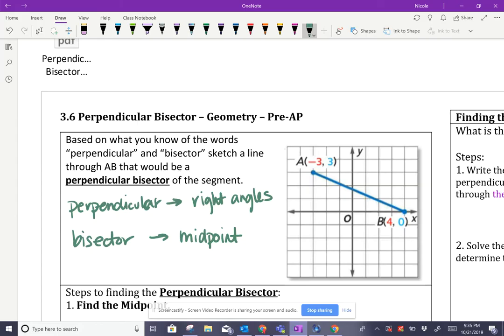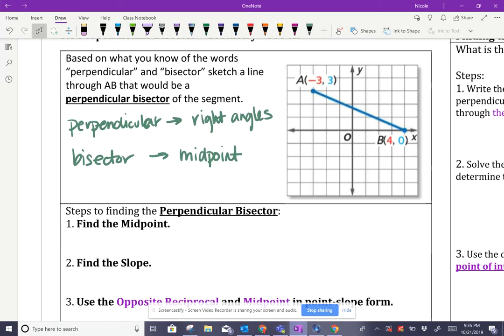So how are we going to find this perpendicular bisector? Well, we have the tools we need. You know how to find midpoint. You know how to find perpendicular slopes. So let's see what we can do. Starting off, I want to find my midpoint. So I take my 2 points that I'm given, A and B, and I'm going to add together the x's.